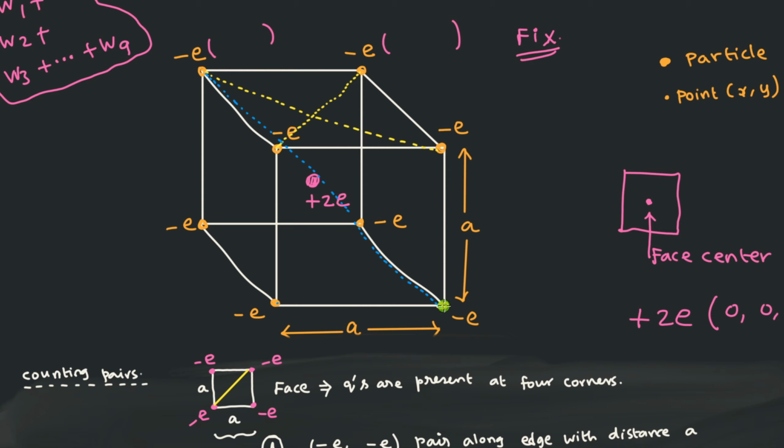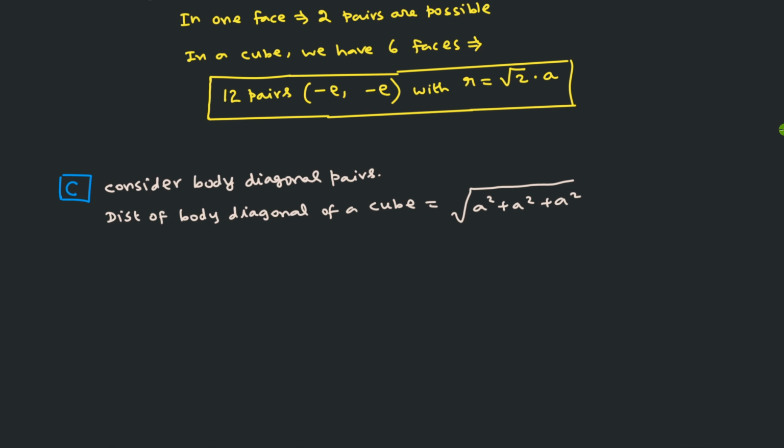And then you are calculating the net distance, applying the same Pythagoras theorem. Square root of a square plus a square. Then further you have to add another a square along this direction. So all three of them you are adding. And therefore we will have the distance equal to square root of 3 times a. So that is the body diagonal.